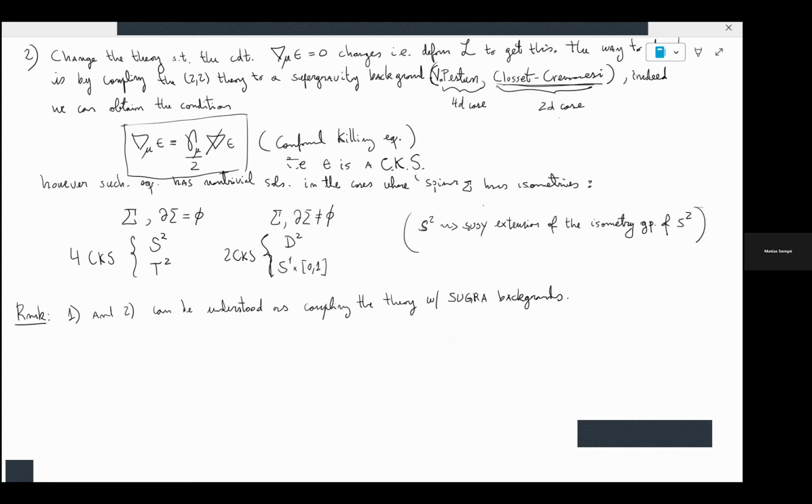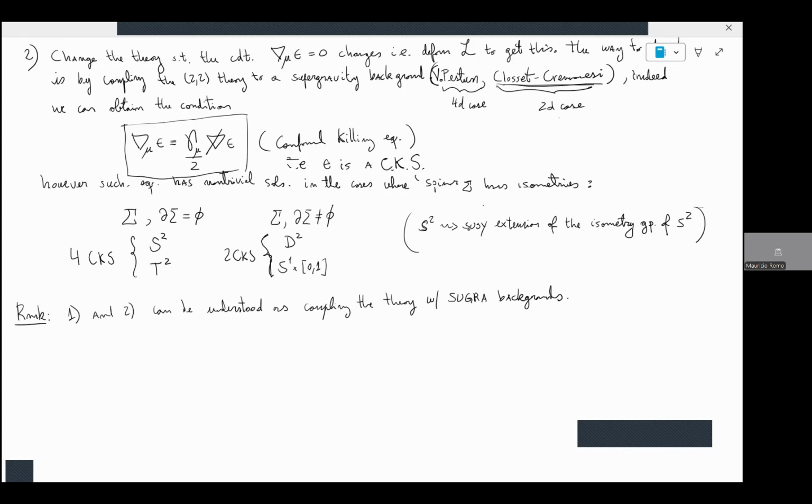So you don't have anymore just the SO(3), you have another thing. Well, you have the SO(3), but I have to add also the R symmetries and the supercharges in some consistent way.